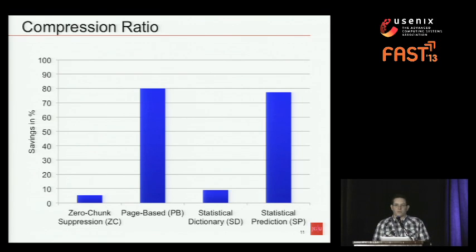But with the statistical prediction approach, we are able to remove 76% of the data of the file recipes. This means this approach with the prediction fingerprints and the order 1 statistic is capturing the locality properties of backup workloads, and it can use these locality properties to remove a lot of the fingerprints in the system by a small code word.